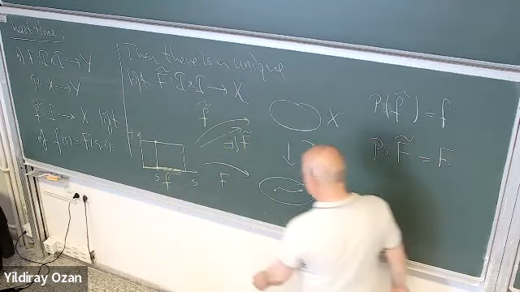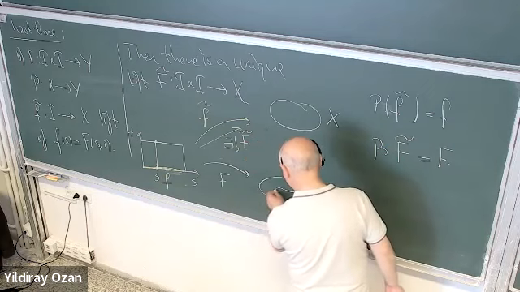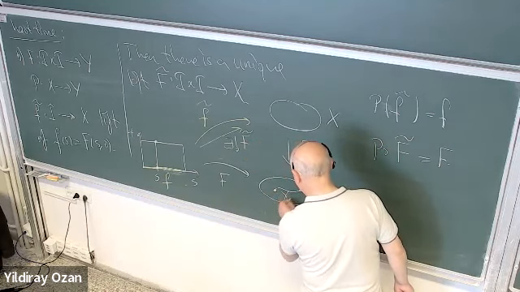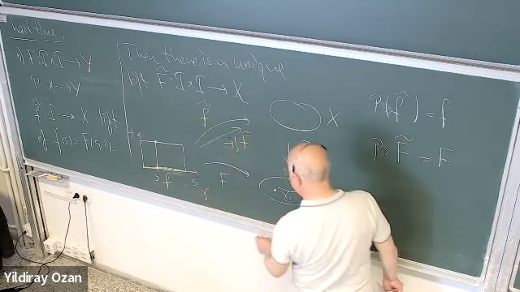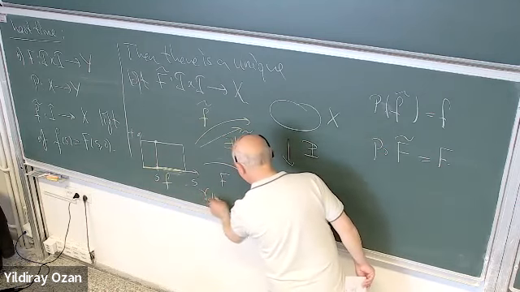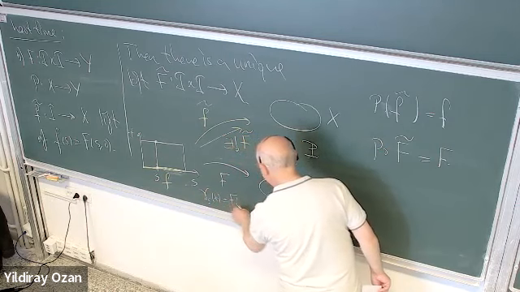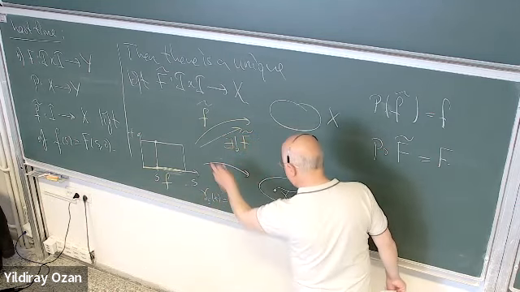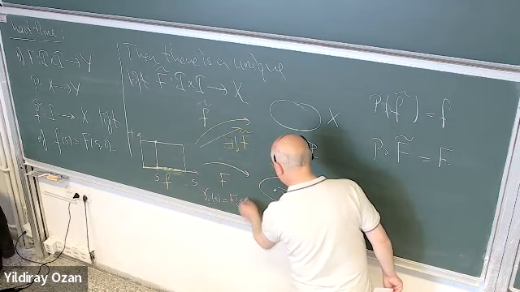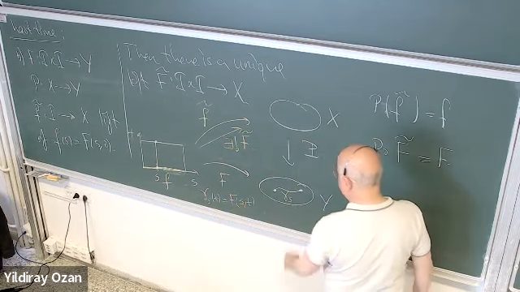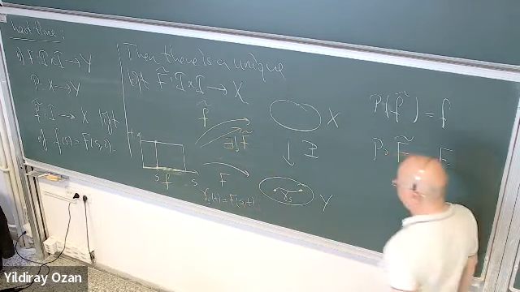Let me just call that path, for example, gamma s. So what is gamma? Gamma s t is just F restricted to that line segment, which is F of s, t. S is fixed, t is the parameter.